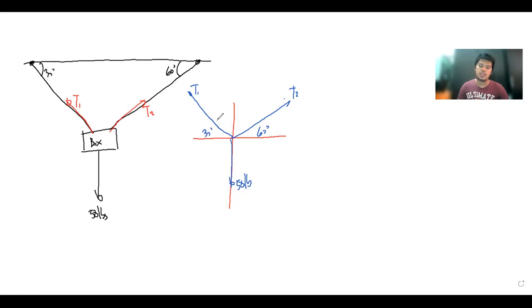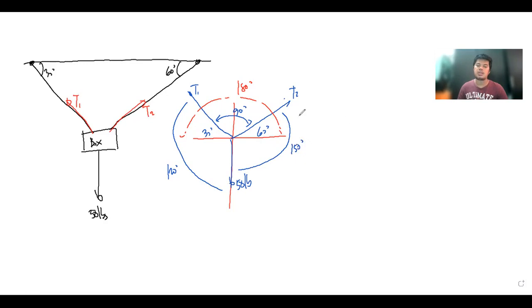The total angle for a straight line is 180, so 180 minus 90, the angle here is 90 degrees. Now, if we make use of Lami's theorem, the angle here is 120 degrees, 90 plus 30, and the angle here is 90 plus 60, that's 150 degrees.